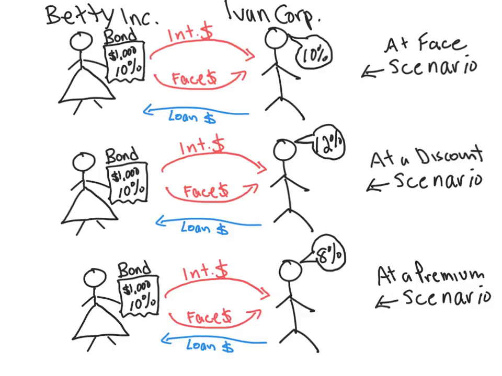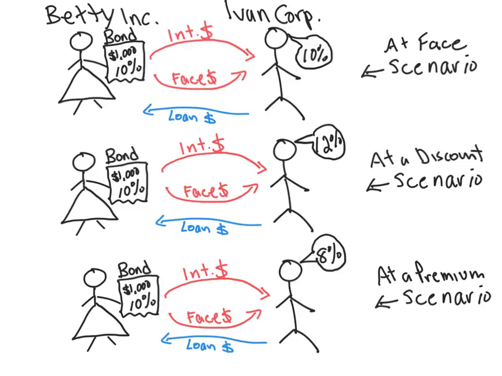Notice that for the bond, the cash flows that will go to the investor, to Ivan, are always the interest, and at the end of the term of the bond, Ivan always gets the face amount of the bond. So those are the two types of cash flows, from the issuer to the investor.